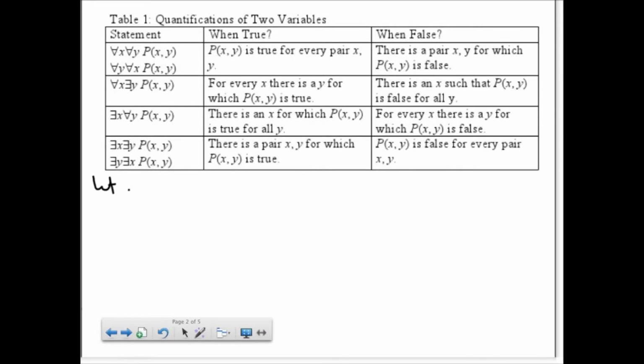So let's say we let p x y, where the domains of x and y are all people, mean that x loves y. Now we're going to add some universal and existential quantifiers, specifically these ones.